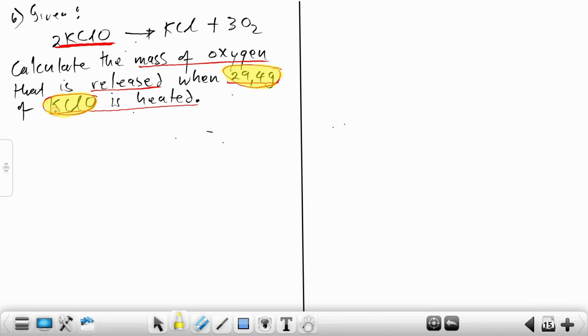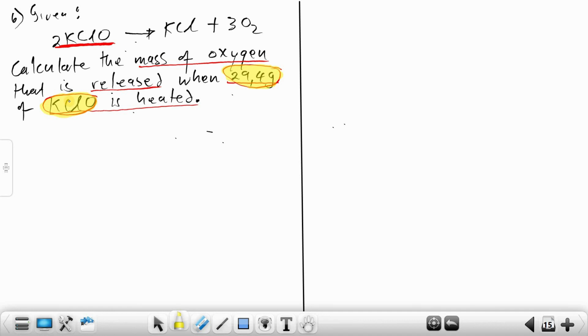This is very, very important. So check the information that is given. My advice to you is read the question once, read it twice, such that you clearly see what information is given to you.